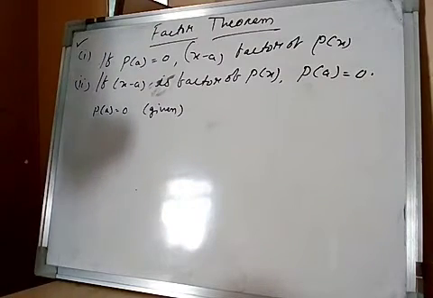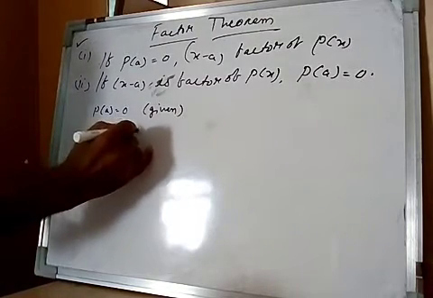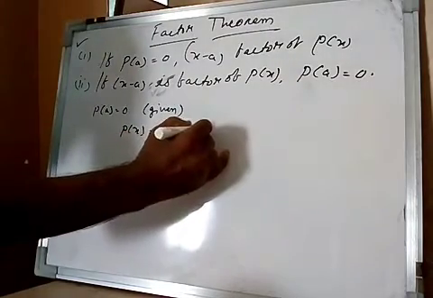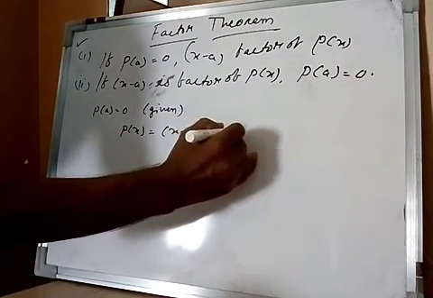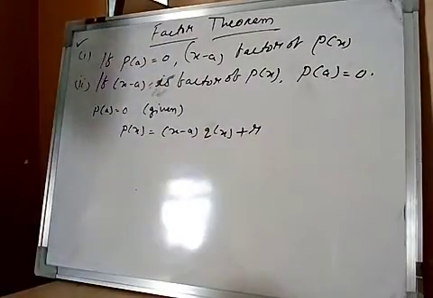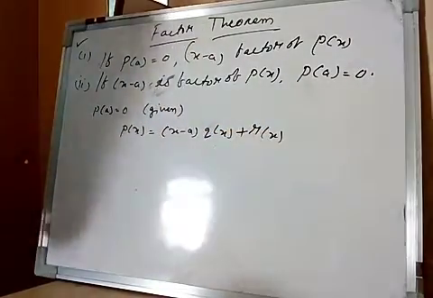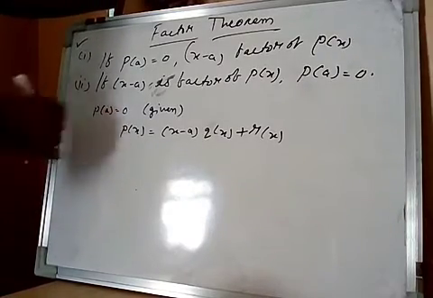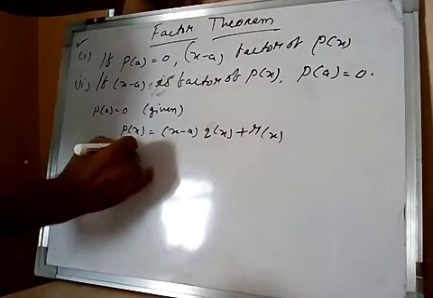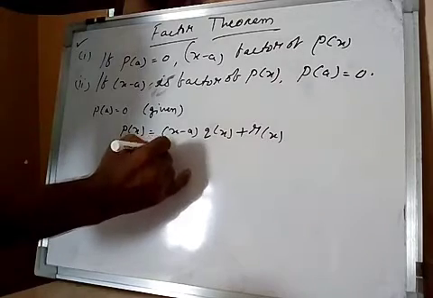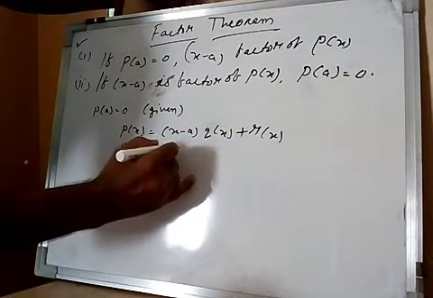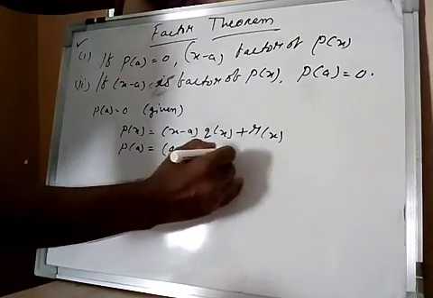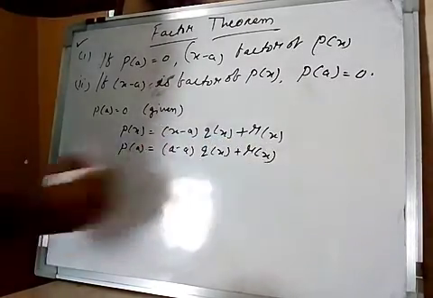According to the remainder theorem, we know px equals x minus a multiplied by qx plus r or rx. So here p of a equals 0, then we can take p of a equals a minus a into qx plus rx.